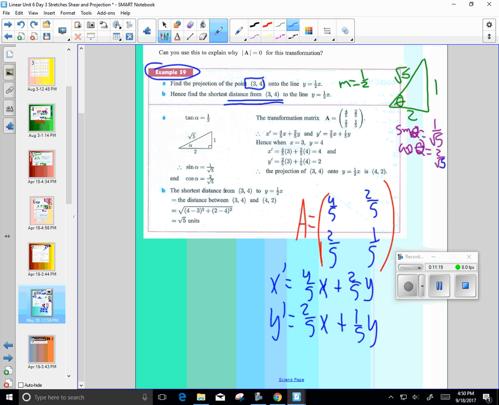So once you have that, you can use what you know to find this projected point. You know that the point is 3, 4. So that goes into your x, and that goes into your y.